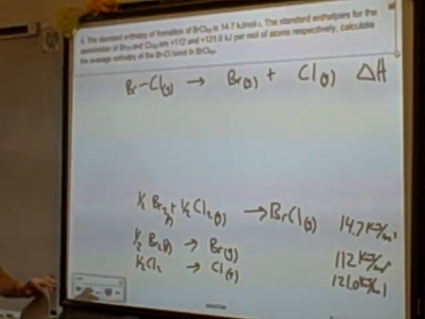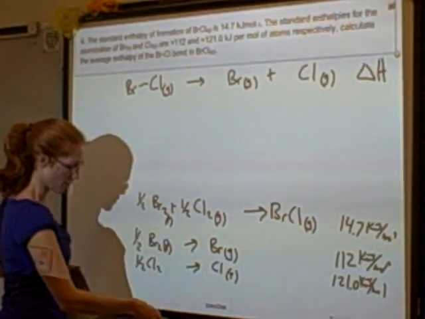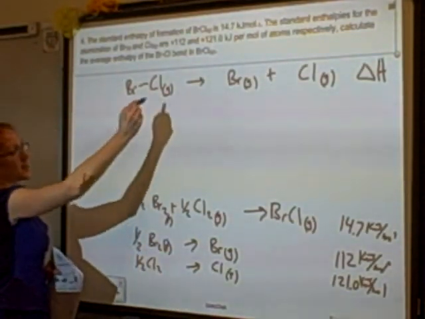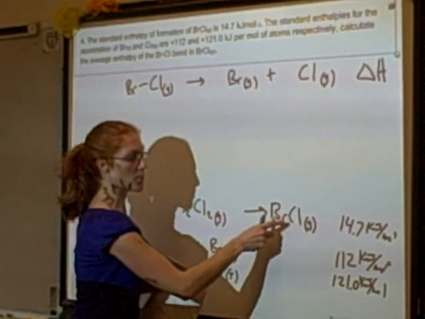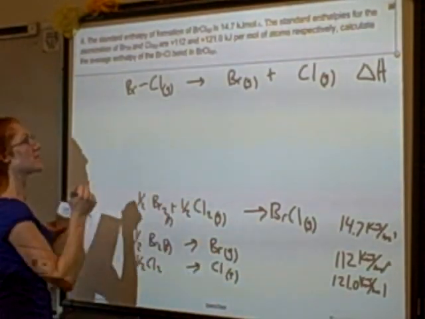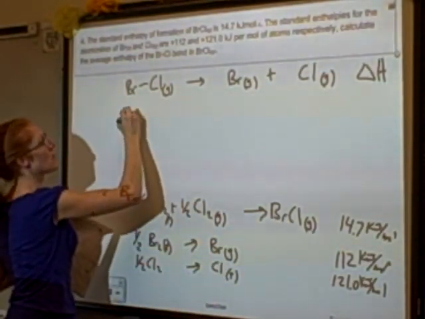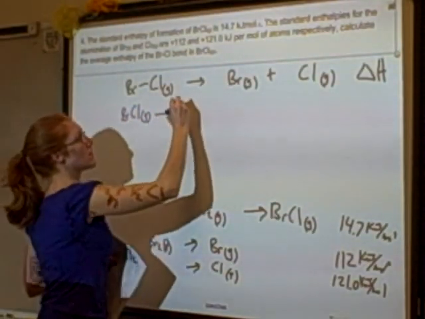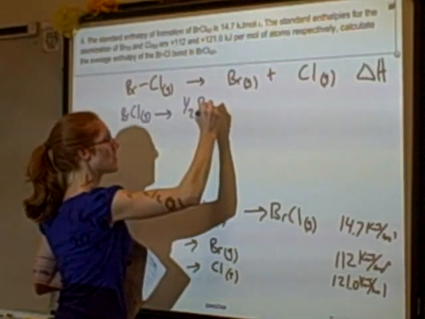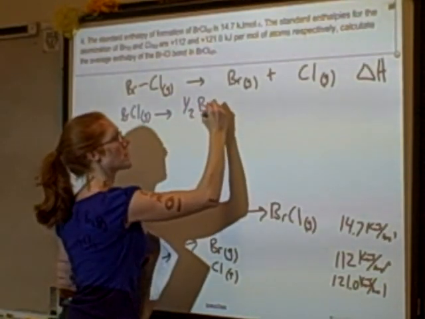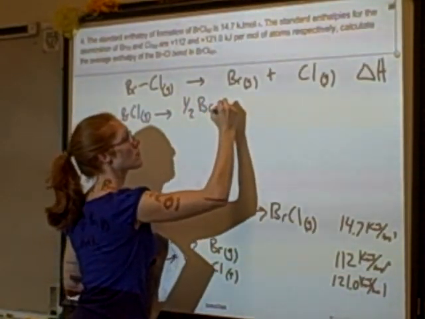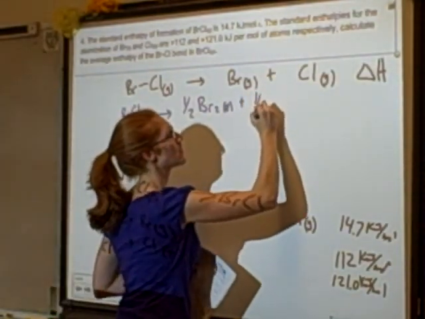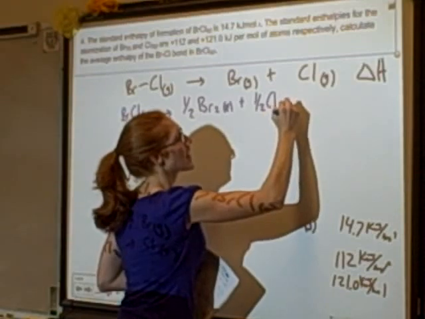I can flip them around and do what I need to do to make sure they add up to the overall. So I can see that I need to start with this as a gas. The only place that it shows up is here as a product, so I'm going to flip that step. So I have BrCl as a gas being broken down to half a mole of Br2 as a liquid and half a mole of chlorine Cl2 as a gas.